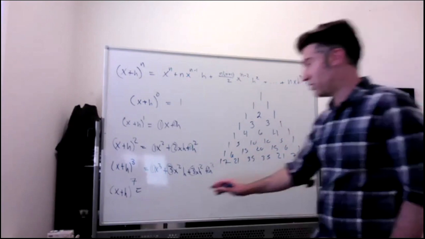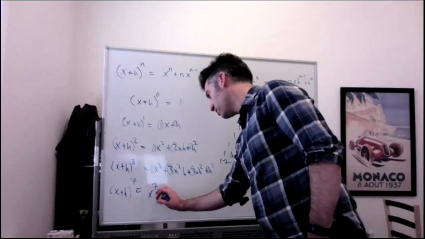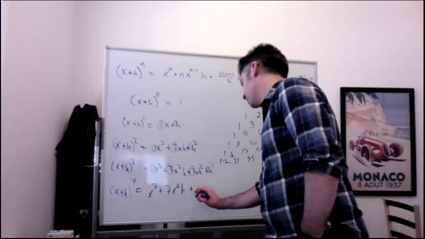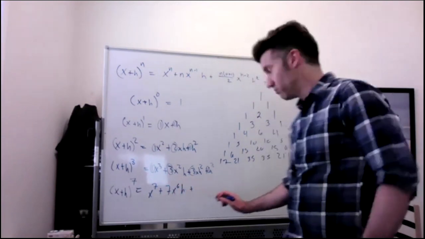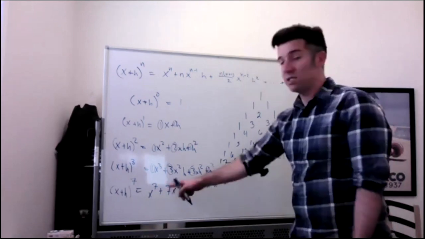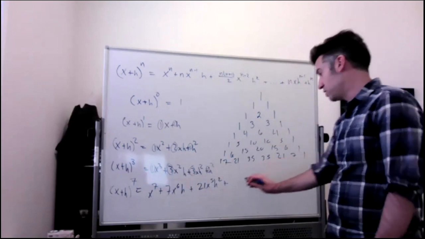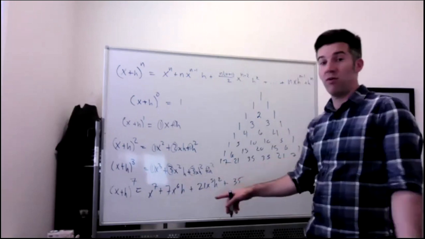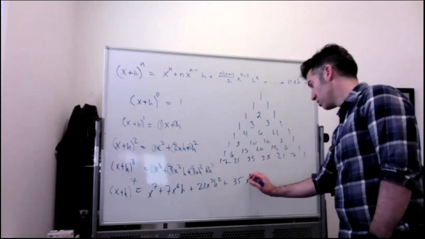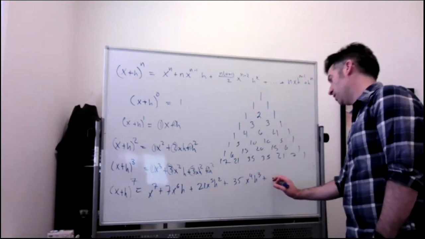So the expansion of x plus h to the 7th would be x to the 7th plus 7x to the 6th, h to the 1st, plus, it's a lot of writing, 21x to the 5th, h squared. And so each next term gets the next coefficient, and the power of x is 1 less while the power of h is 1 more. And it goes on.